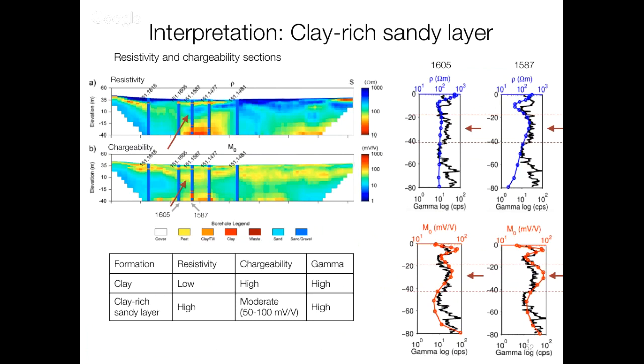So this unit is identified as fairly high resistivity, moderate chargeability, and the gamma is really high in here. That gives them an indication there must be some clay content.